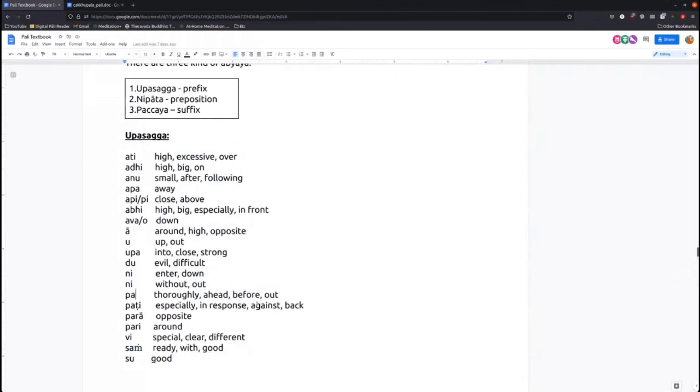Like if you look at the word panya. Panya means wisdom. But nya, the word nya, just this, means knowledge. You add the pa prefix to nya, and you get thorough knowledge.